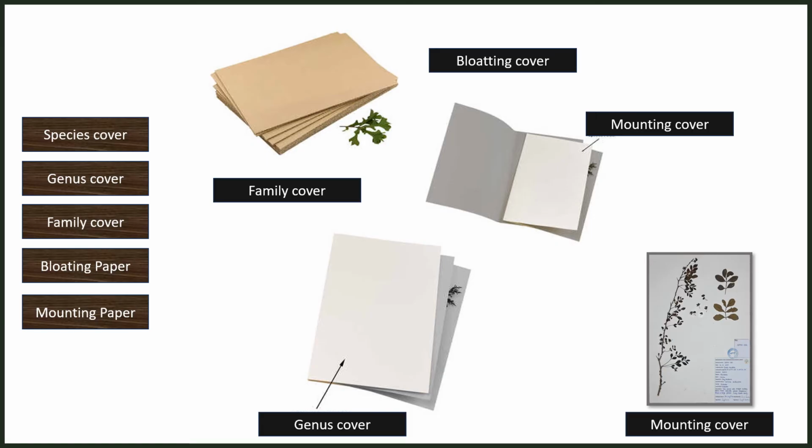And this species cover will go under the genus cover, and then this genus will go under the family cover. That way it will be arranged according to the family and according to the different systems of classification. It will be kept inside or stored in the herbarium unit.